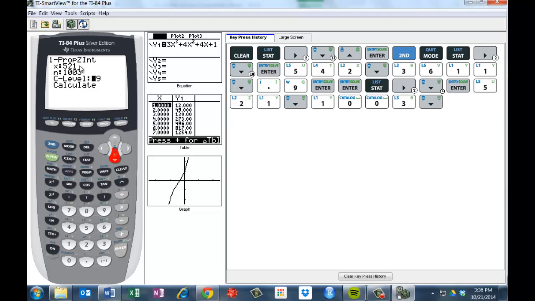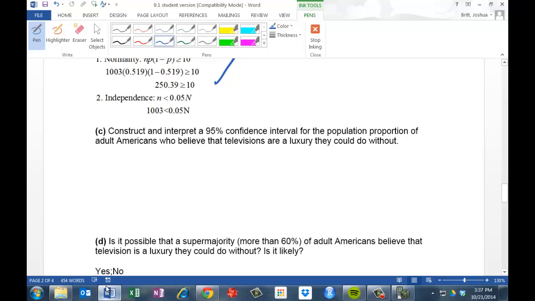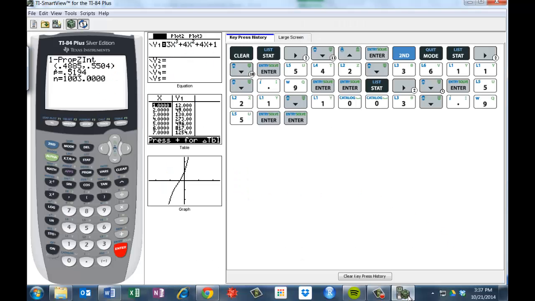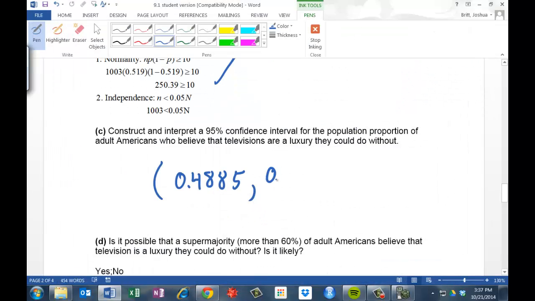And our confidence level, in this case, we want a 95%. Calculate. Okay, so we get 0.4885. This is our lower bound. And the upper bound is 0.5504.